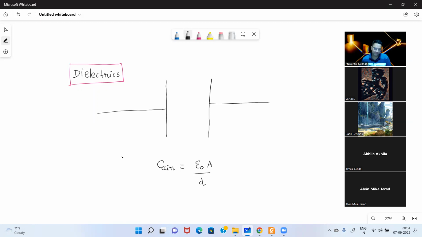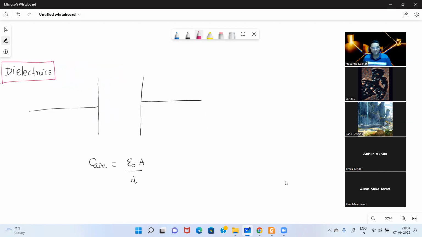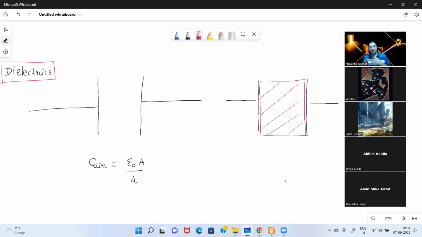Yes, sir. Now, suppose I am going to fill it with a dielectric medium. The dimensions are the same, but the complete region is going to be filled with a dielectric like mica, water, or wood, whatever it is.